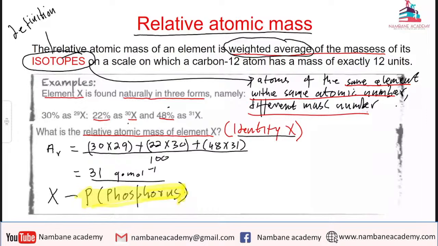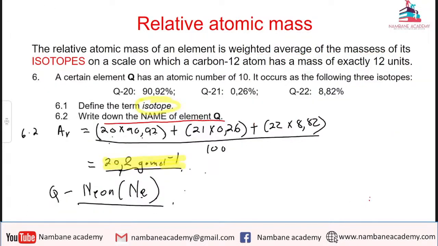We said it focuses more on the isotopes, and isotopes are atoms of the same element with the same atomic number but different mass number. We did an example here, a problem I chose, where we identified element Q, and we found that it was neon.